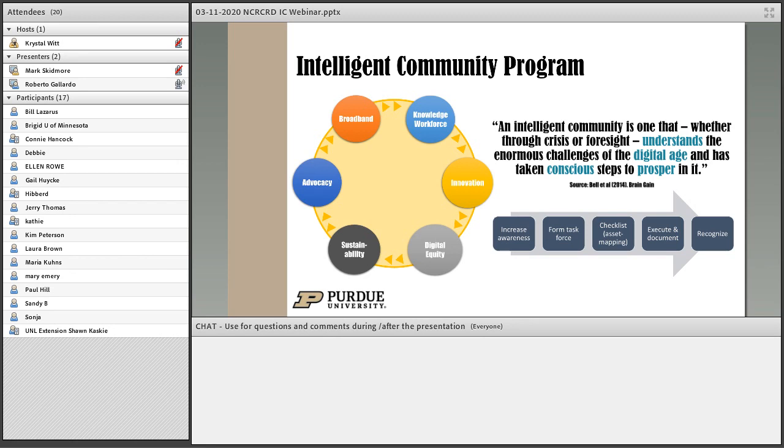Communities don't know what they don't know, and they are busy running the community, the leaders are, and so they may not be very much aware of how quickly the socioeconomic landscape is digitizing and changing. So increase awareness, form a task force. These could be swapped. You could have a task force first with a key group of leaders that you've identified that are conducive or interested in this topic, and then you increase awareness through presentations and informal conversations and so forth.